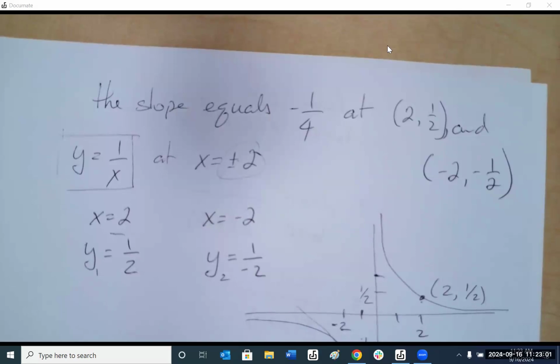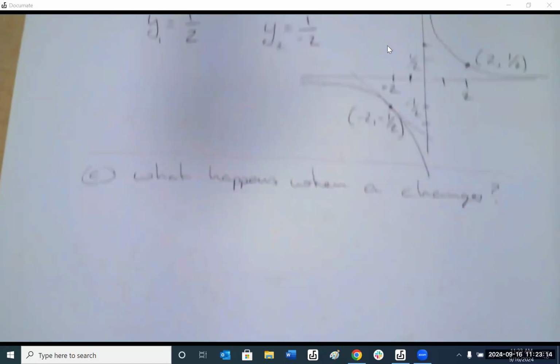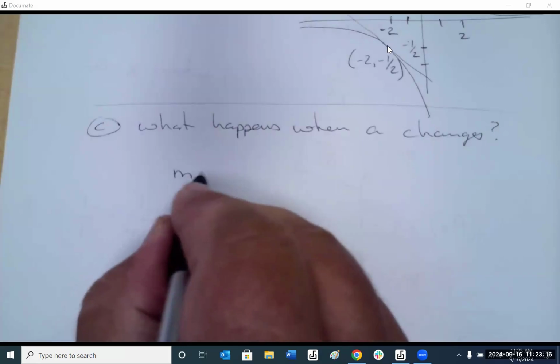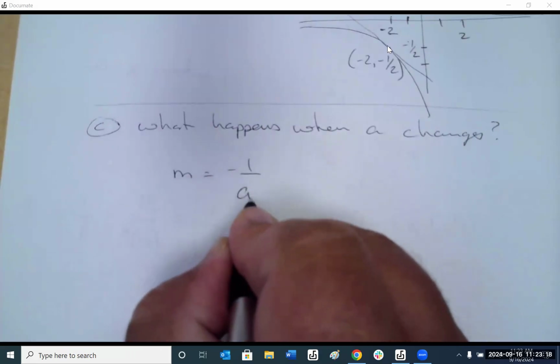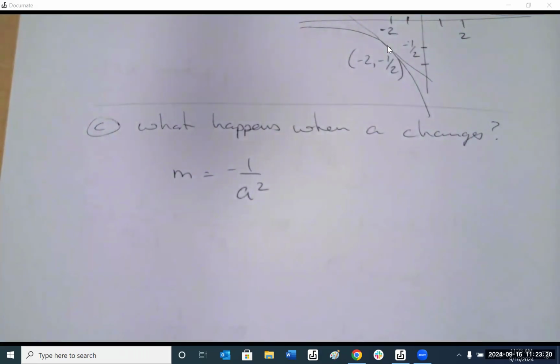So see what happens when A changes. What happens when A changes?